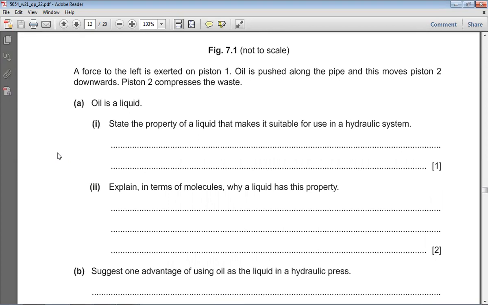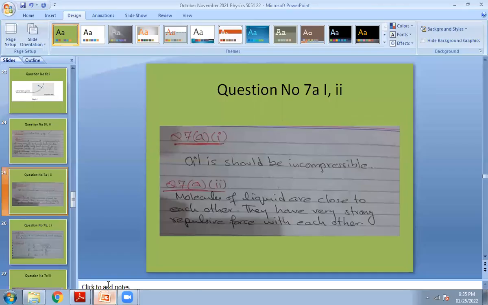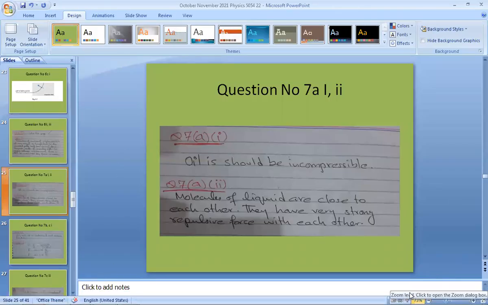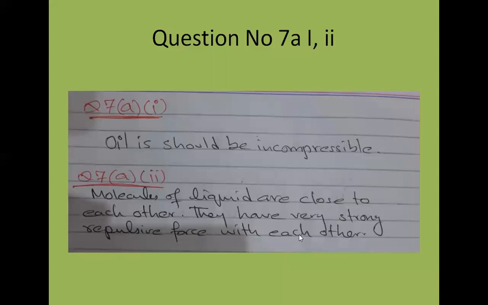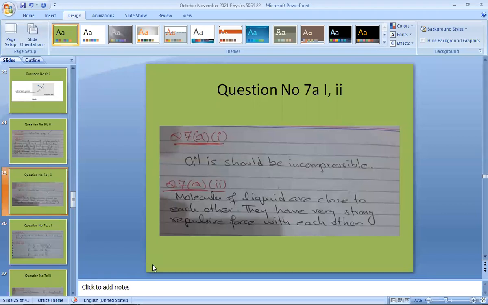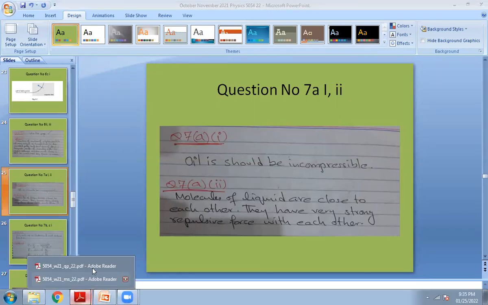So the oil which we are using in this hydraulic press is incompressible. Let me show you my written answer. Oil should be incompressible, or the liquid should be incompressible. So that's question number 7A, first part.